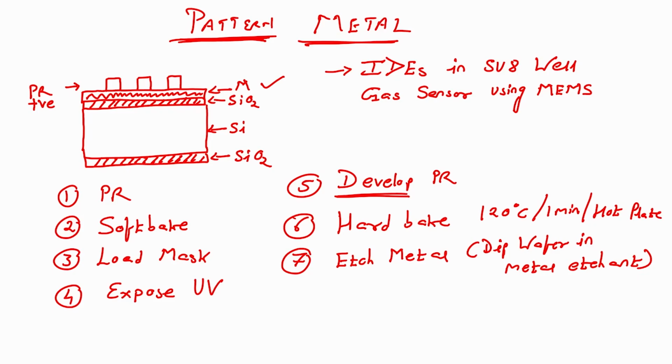On dipping the wafer in metal etchant, what will happen? The metal below the photoresist, you see the photoresist is right over here. The metal which is below the photoresist will not get etched, and the metal in the rest of the area will get etched.